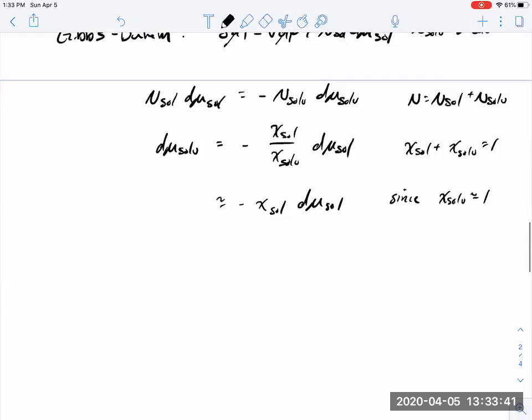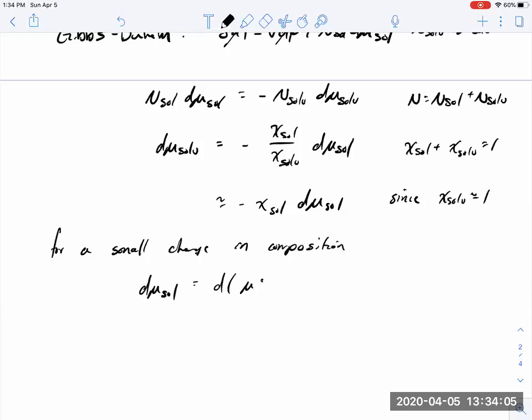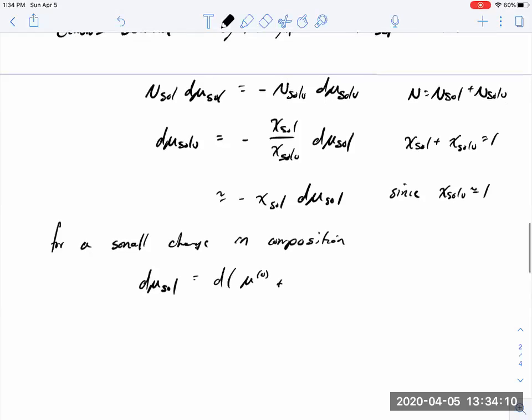Now for a small change in chemical potential due to small changes in composition, the corresponding change in the solute chemical potential in the dilute solution will be the total differential of the two pieces of that dilute solution form, its standard state plus kBT log the mole fraction.